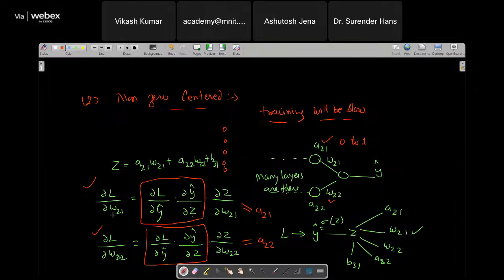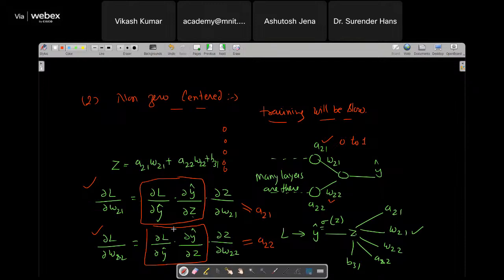This weight I am talking about is W21 and W22. So in this process, the derivative is either all positive or all negative, meaning the changes can happen either in a positive way or a negative way, just because of this common term.